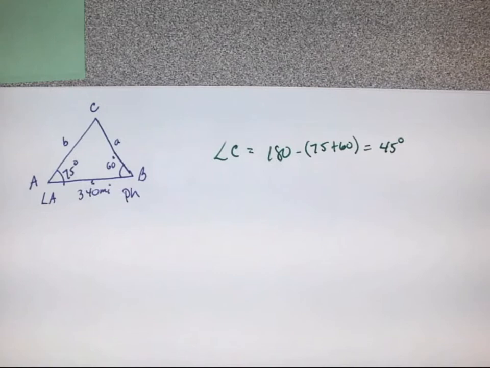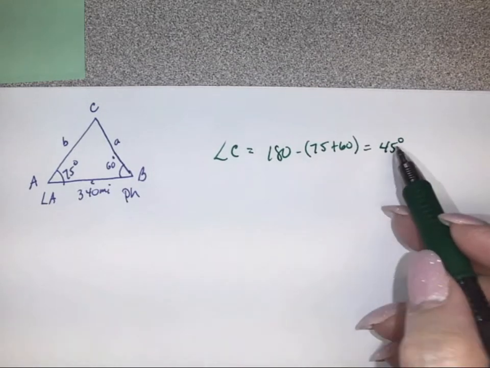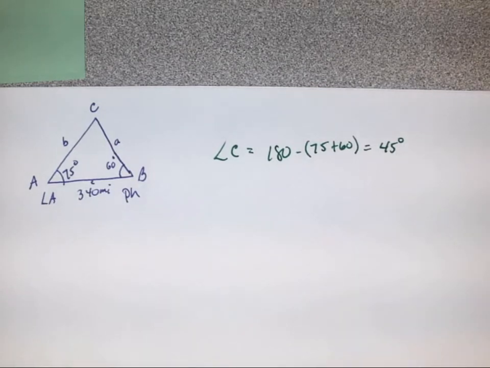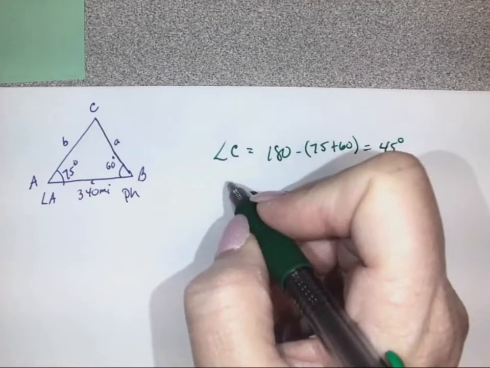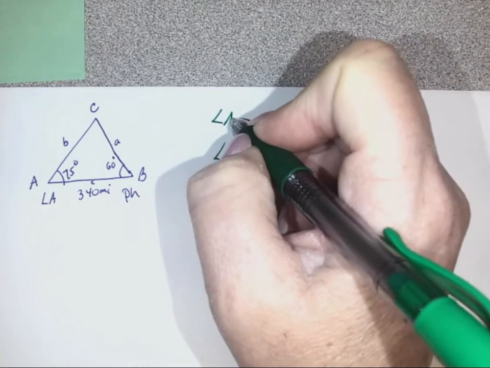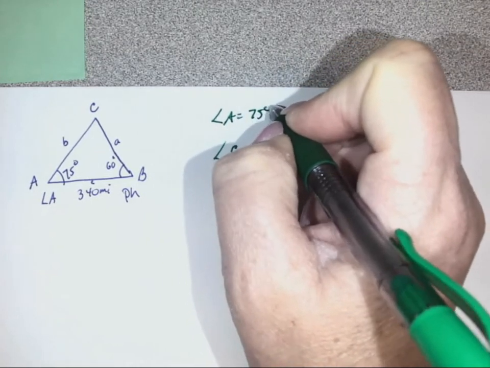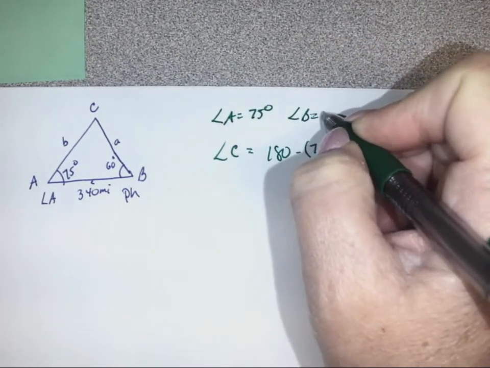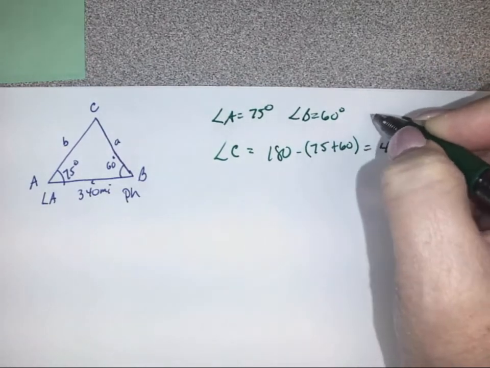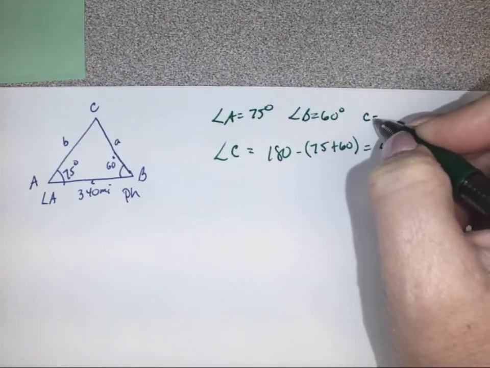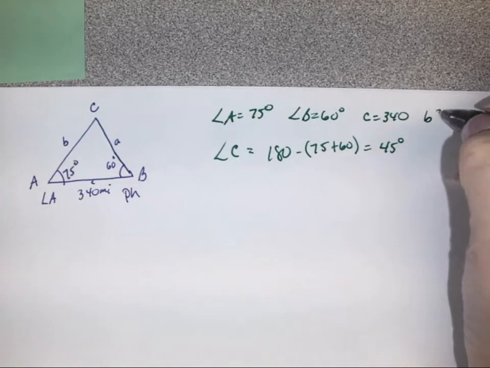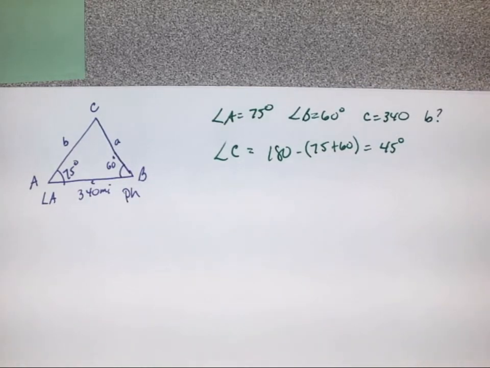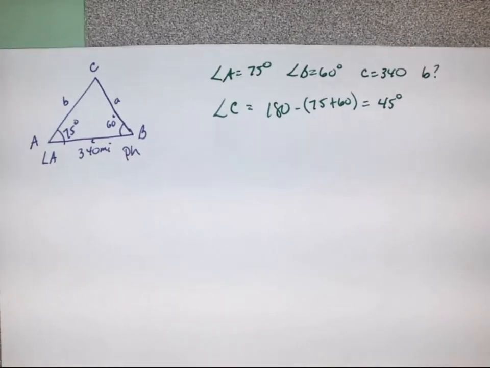So now that we know angle C, let's look at everything that we do know. I'm going to write them: angle A is equal to 75 degrees, angle B is equal to 60 degrees, and little c was equal to 340. And what we're trying to find is little b. We need to know what b is, so that we have more of a picture of what's going on.